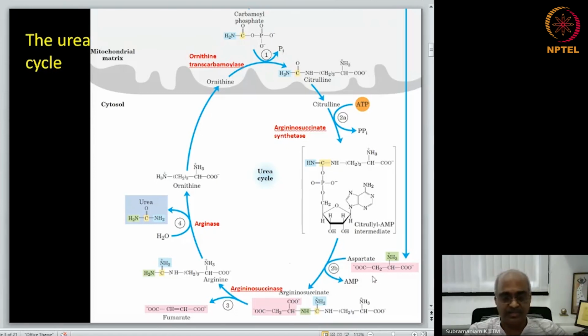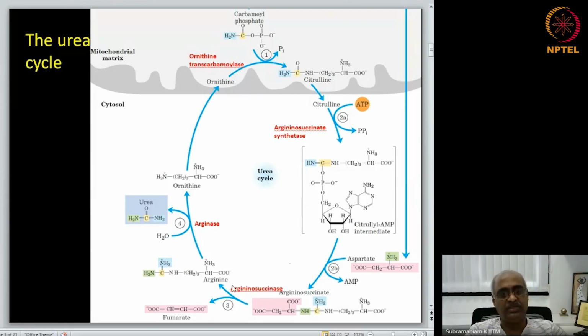You can easily understand aspartate probably comes from hydrolysis of proteins, as a free amino acid, or oxaloacetate through transamination forms aspartate. So this is the other amino group. One here and the other here, 2, and the 2 are preserved even when we remove this aspartate's carbon skeleton as fumarate, and then both of these are removed in the form of urea.